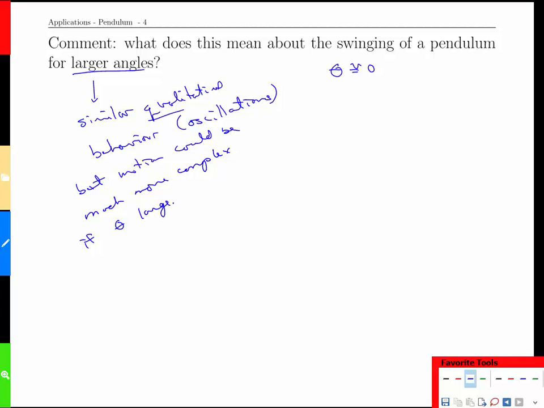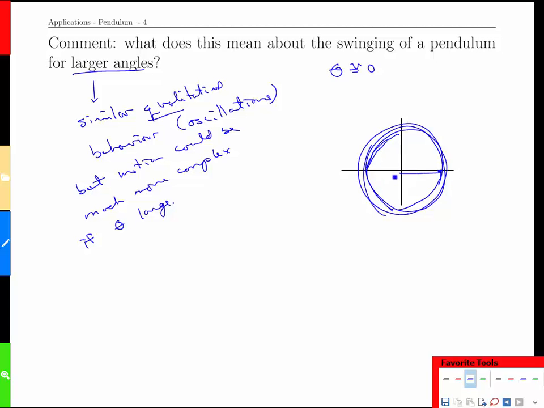Now, does that seem reasonable to say? I mean, we look at pendulums and think they're pretty simple, and that's fine. But imagine, if you will, if we had a pendulum that swung out to here, and then we pushed it, well, it might actually go almost to the top, slow down, and then come back, or it might go over the top, and we might actually have a pendulum that goes in circles forever if there's no friction.